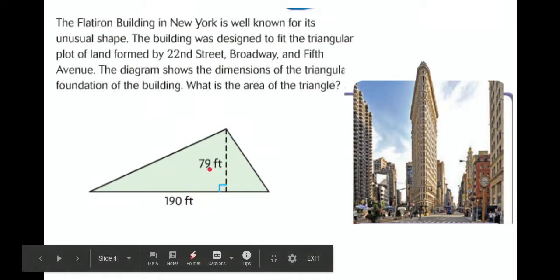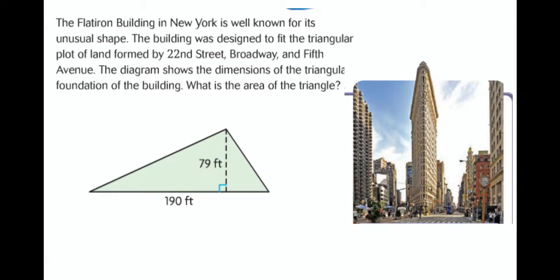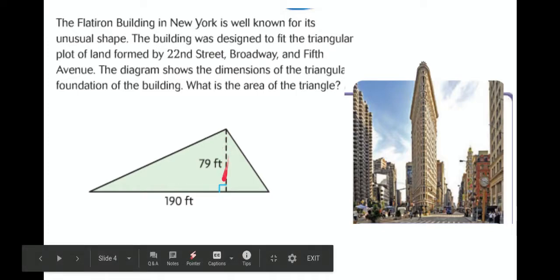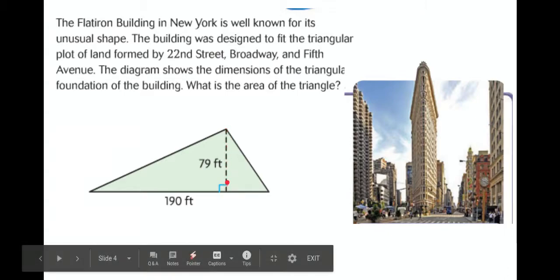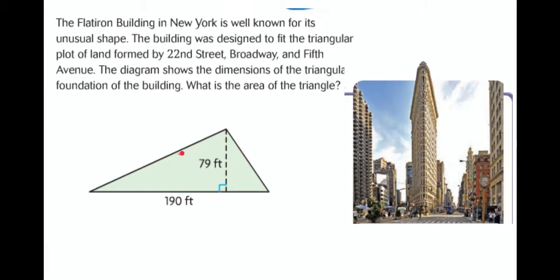But if it's not obvious, if they give you multiple numbers, you'll know what the base and height are because they always come together and form a right angle. Sometimes that height is measured with a dotted line, because we need a line that is perpendicular to the base to measure the height. This line and this line mean nothing, so that's why they didn't even bother giving you those measurements.